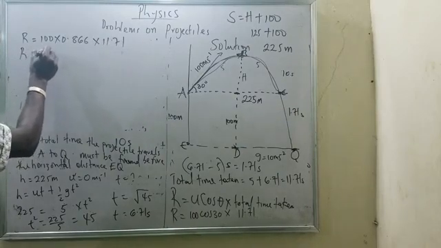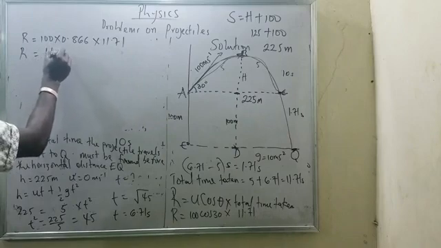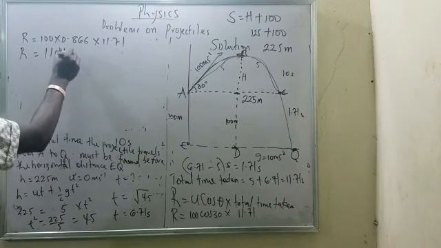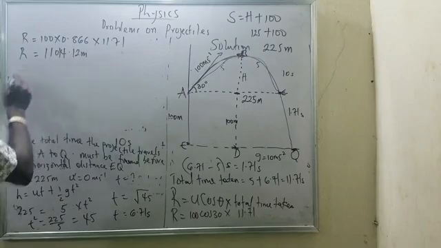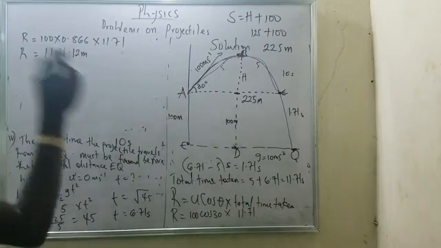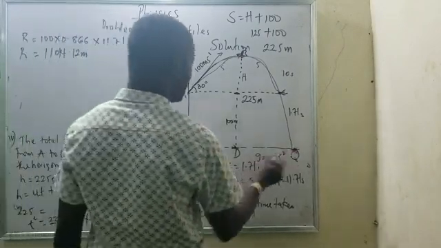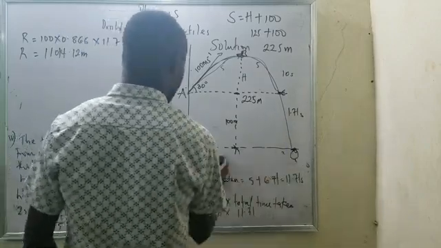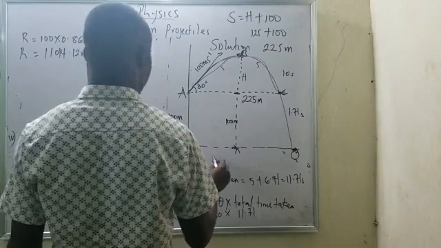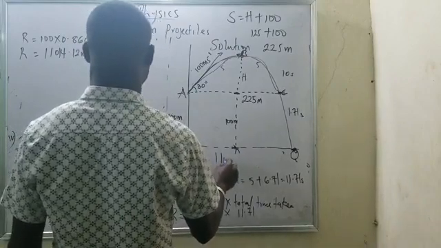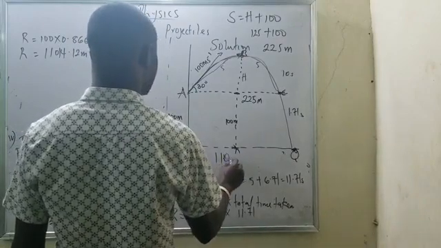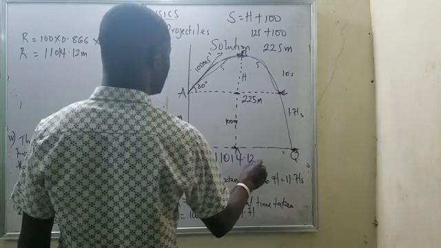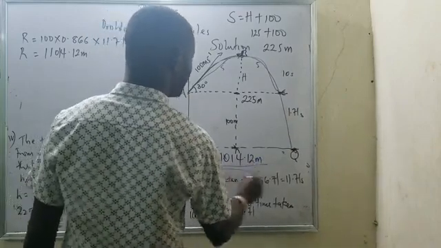My R will be equals to 1,014.12 meter. That is the range from here to here. That is my range.